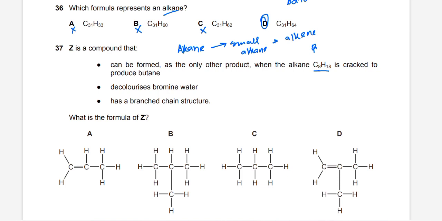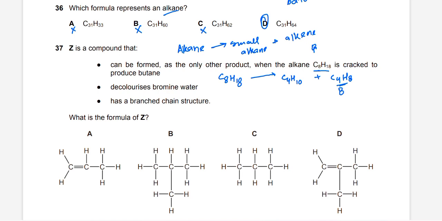Butene has a carbon-carbon double bond, so it definitely decolorizes bromine water. I'm writing it: C8H18, its cracking takes place, gives C4H10. So what is the next? C4H8.